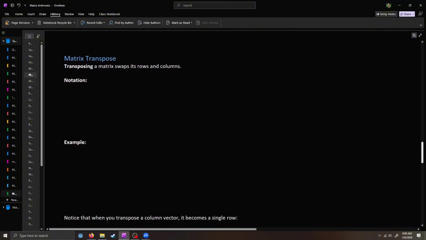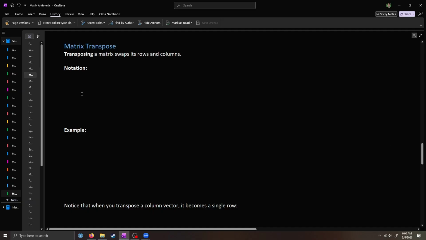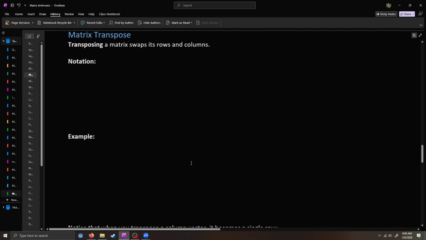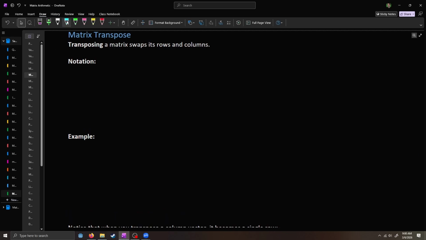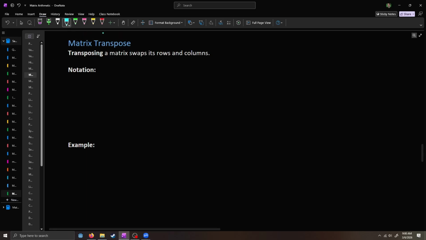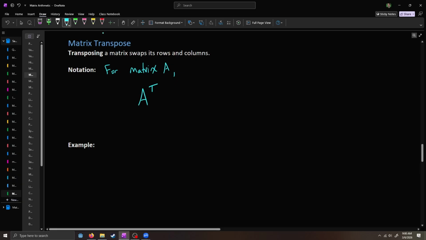Let's talk about an operation called matrix transpose. We will be using matrix transpose a little bit toward the end of this class. Now, if you have a matrix called A, the notation for the so-called transpose of the matrix A is A with an exponent of capital T. So this is the notation for matrix transpose.